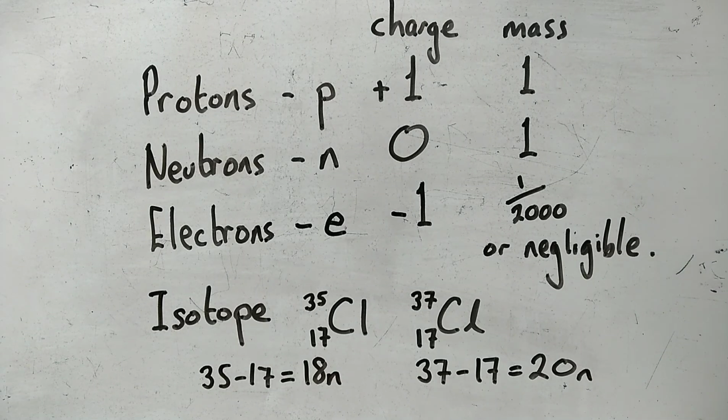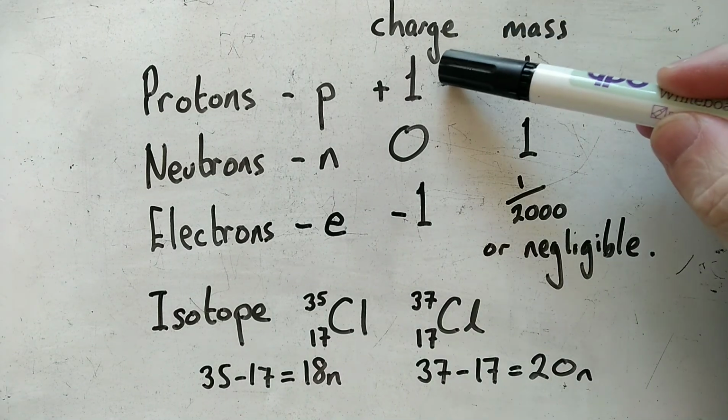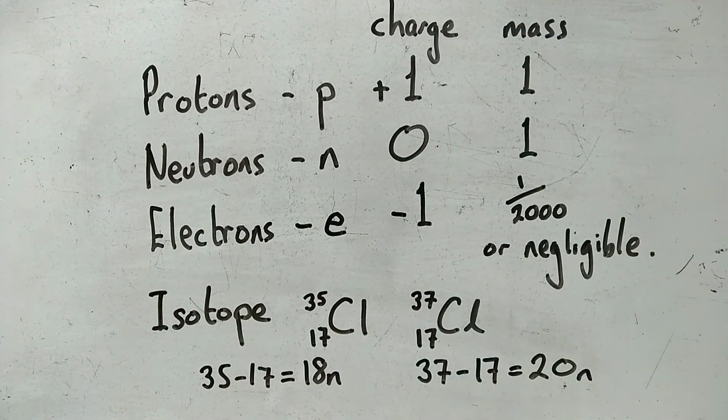This comes up in a much later video, but for the moment, all you need to know is that an atom is neutral. It has the same number of protons and electrons. The number of neutrons does not affect the charge of an atom, it just affects the mass.